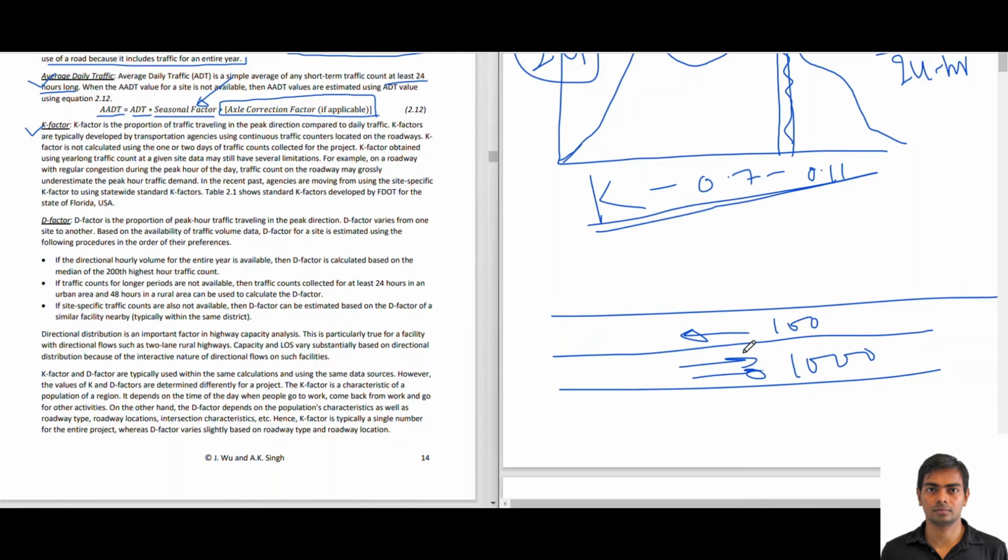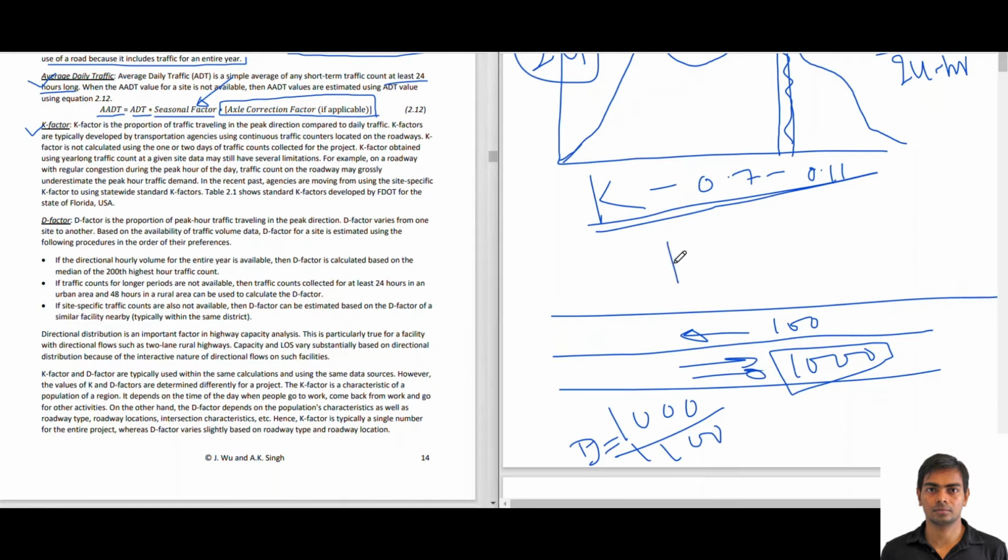The D factor is the ratio of heavier direction volume divided by total volume. So in this case it will be 1000 divided by 1100. This is my D factor. The D factor gives the directional distribution of volume in the peak direction.